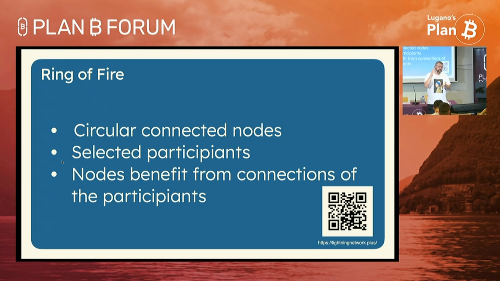You always agree on fees within the ring beforehand, which is usually nothing, but at some point the ring of fire operator wants to have some satoshis, and then this contract will be closed before the ring is actually established. And is this then usually a situation of having a routing node, a merchant node, and a spending node in such a ring of fire, or what is the game theory behind this?